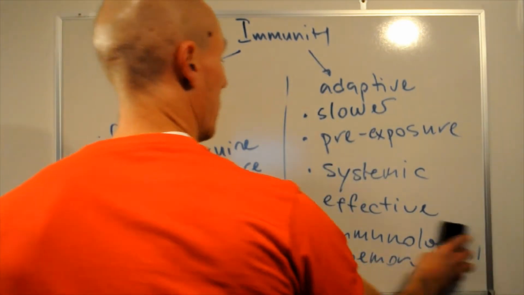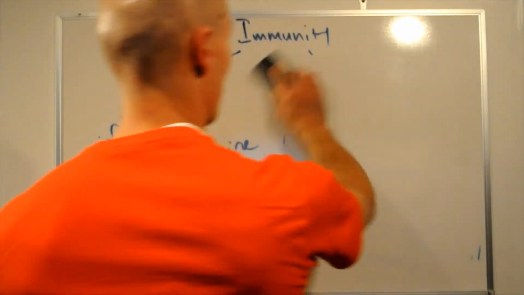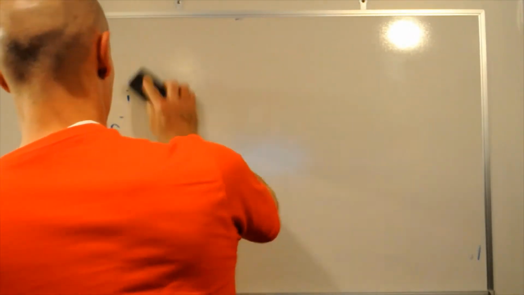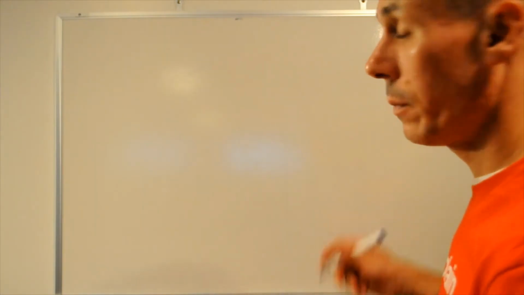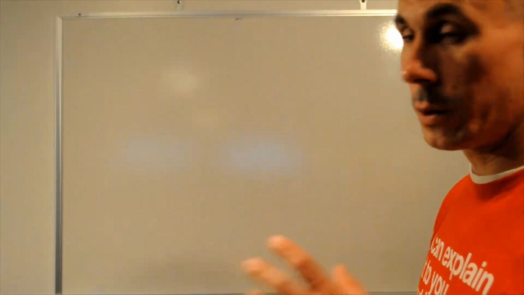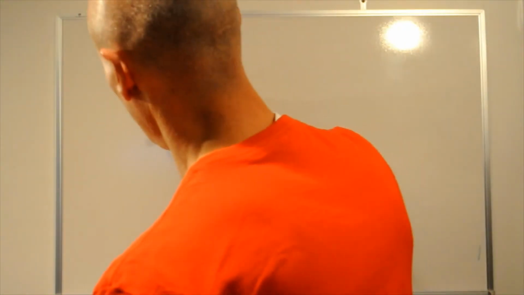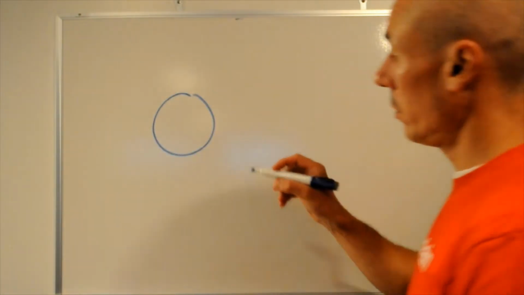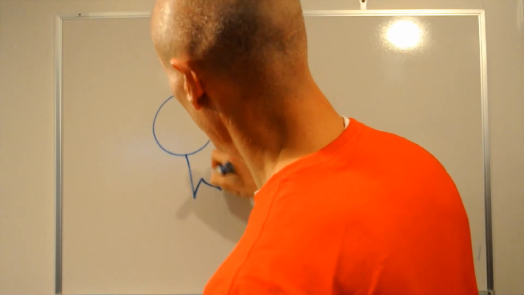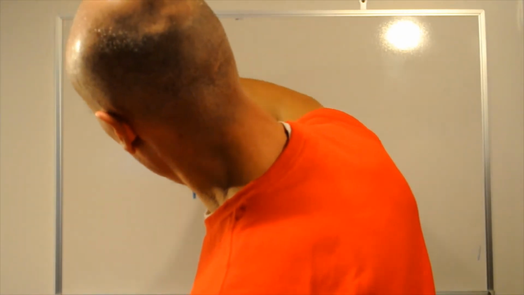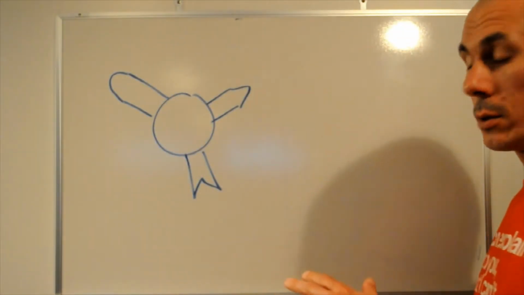So to form the adaptive immune response, the key thing is to expose your T and B lymphocytes to the antigen. And this is what I want to highlight about the antigen. So imagine this is the antigen. On the antigen you can have several antigenic determinants. Okay? So those are antigenic determinants.